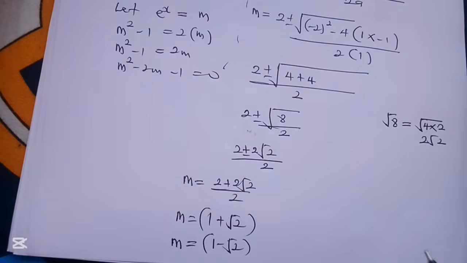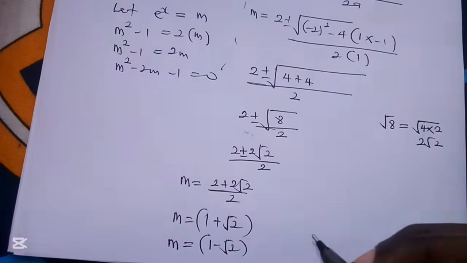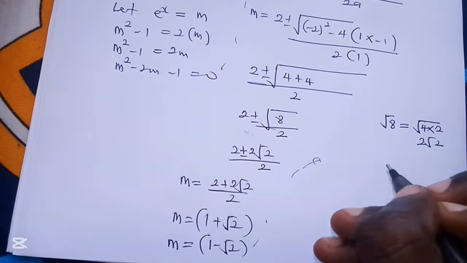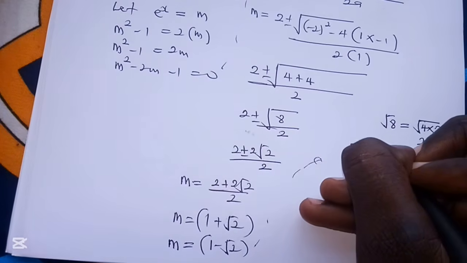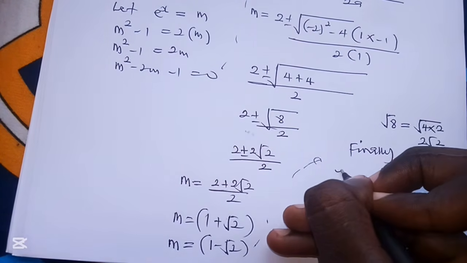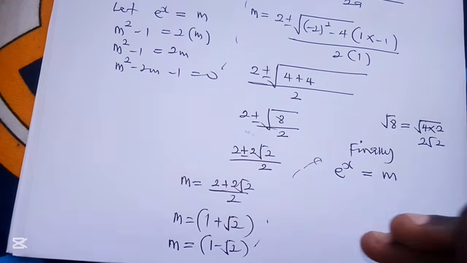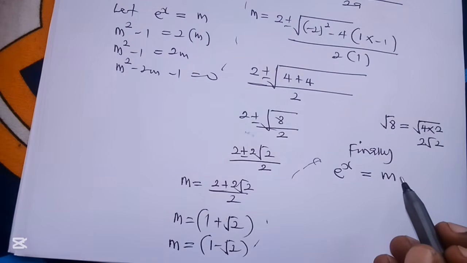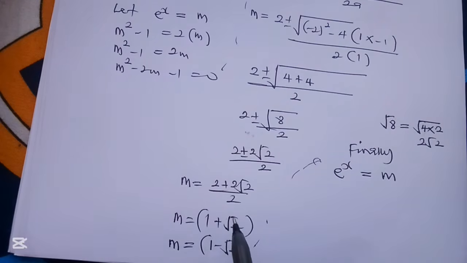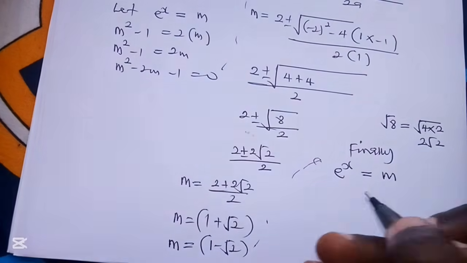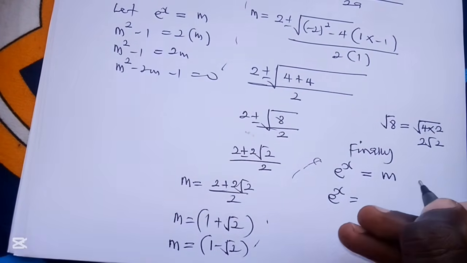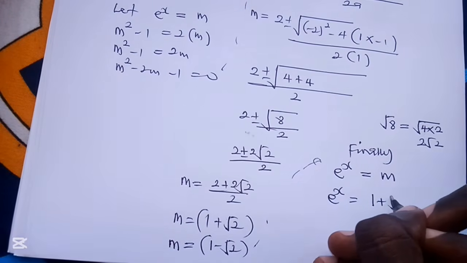But recall that at the initial point we let e raised to the power x be m. Now we have m as 1 plus root 2. Then we say e raised to the power x is equal to 1 plus root 2.